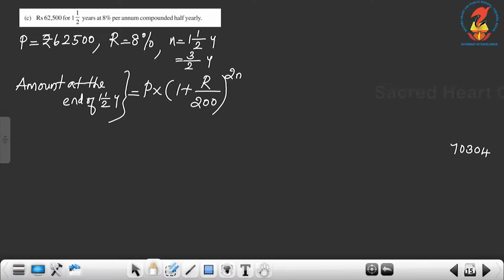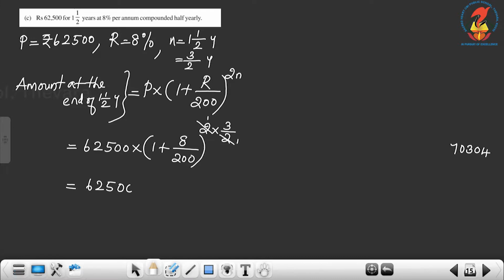Then which is equal to 62,500 into 1 plus R is 8, 8 by 200 whole raised to 2n. 2 into n is 3 by 2. Now 2 and 2 you can cancel. So what you will get here? The exponent you will get as 3. So 62,500 into 1 plus 8 by 200 whole raised to 3.